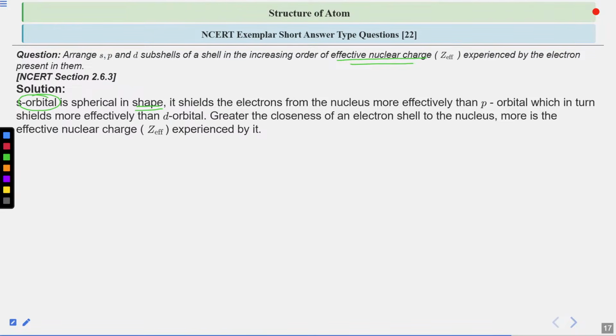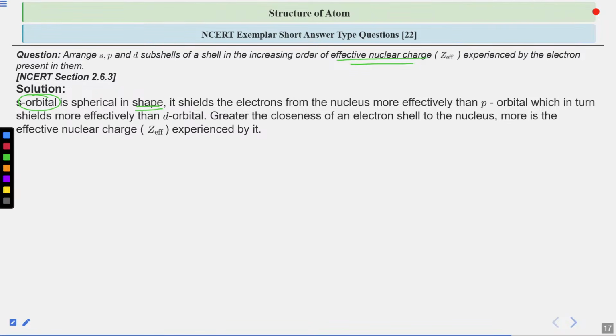I guess you are confused between the energy and the effective nuclear charge. If the energy was decreasing, meaning the S orbital had the least energy, it means it was experiencing the greatest force.